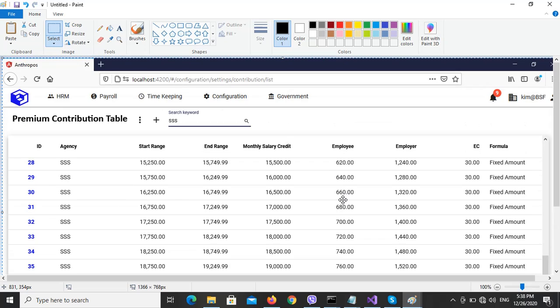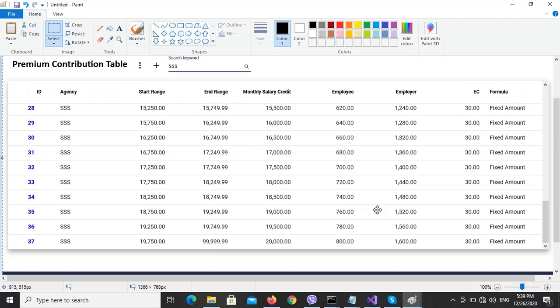For example, let's say on the first period your salary comes here only, so that is 620 and 1440. Now let's say on the next period, after adding your gross pay, you reach this point. So what we will do is deduct 740 minus 620.